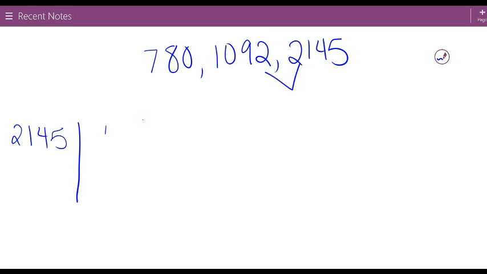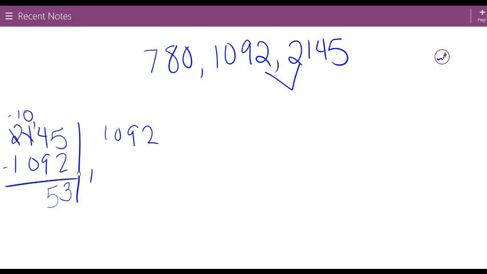2,145 divided by 1,092, and I think we can only fit 1 in there. We subtract and we get 1,053.